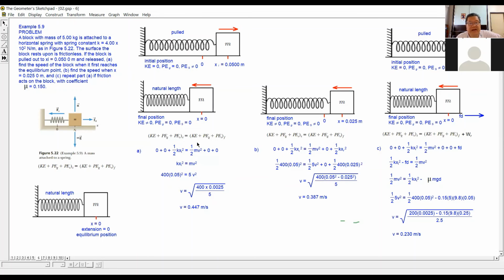The half and half cancel away. k is 400, x is 0.05, m is 5, and v we don't know, so we call it v squared. Solving for v, move the 5 over, then take the square root. The velocity is 0.447.